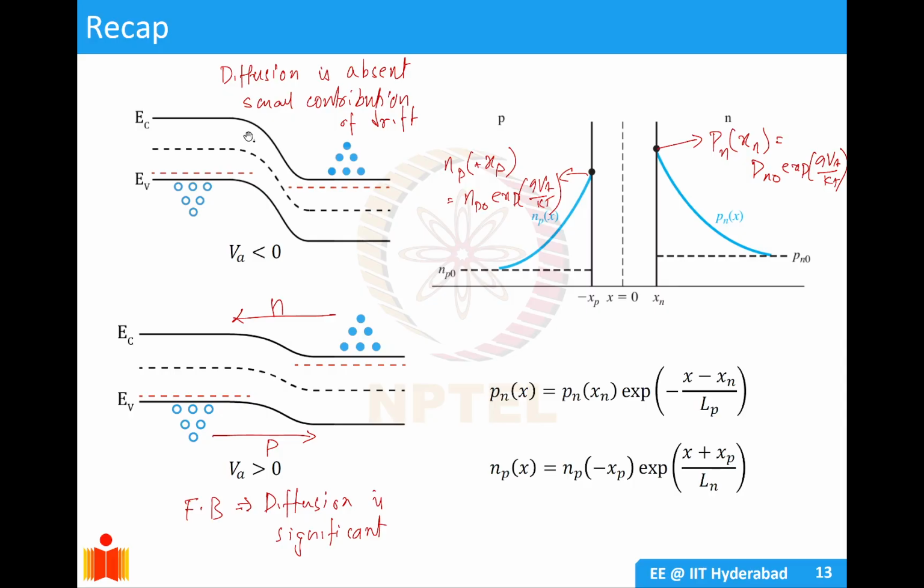We had just studied that for reverse bias there is no diffusion, only a small amount of drift current is present, whereas in forward bias there is a huge, significant diffusion current.